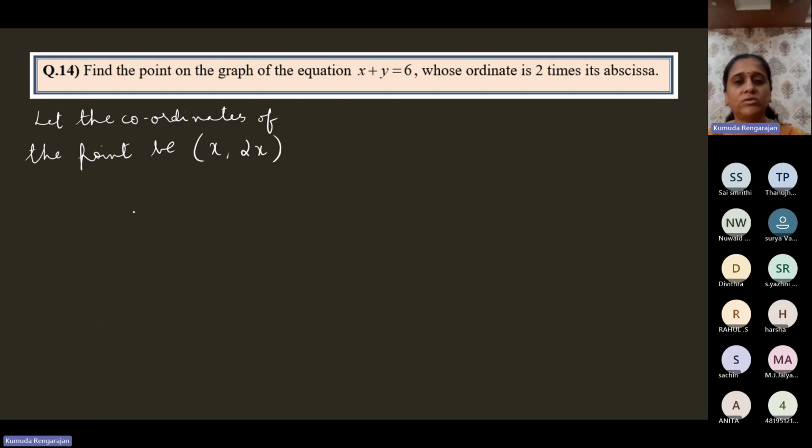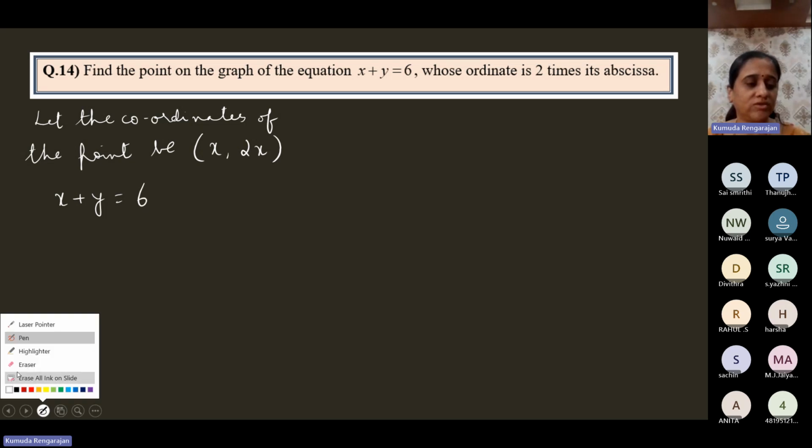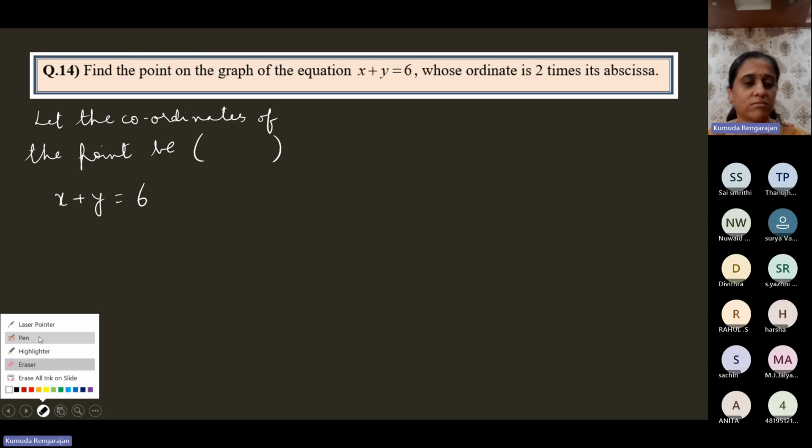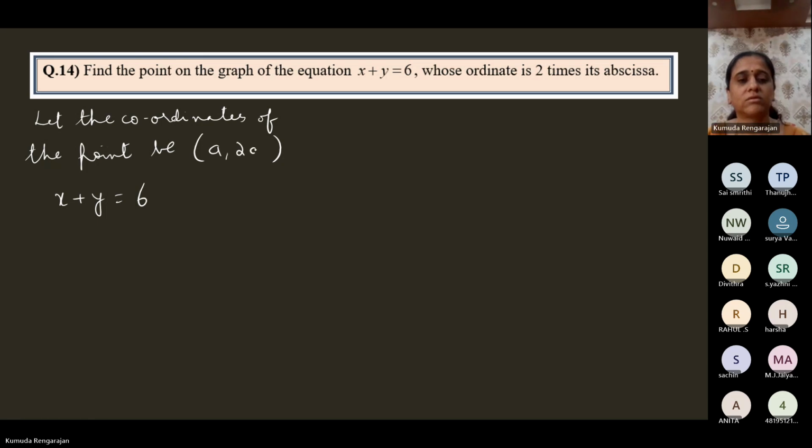Now we know that every point lying on the line will satisfy the equation. So we have x plus y is equal to 6. We'll call it a and 2a, children, because we already have x here. We'll not again call x and 2x. We'll say a and 2a or b and 2b, or some other letter other than x and y.